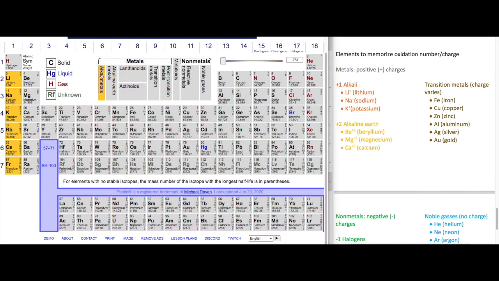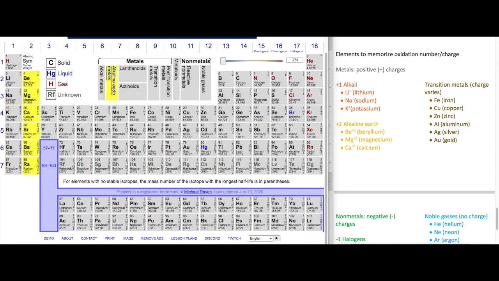And all of the alkali metals, the yellowish orange highlighted ones, will always form an ion with a +1 charge or oxidation state. The ones that are most important for you to know are these over here: lithium, sodium, and potassium.